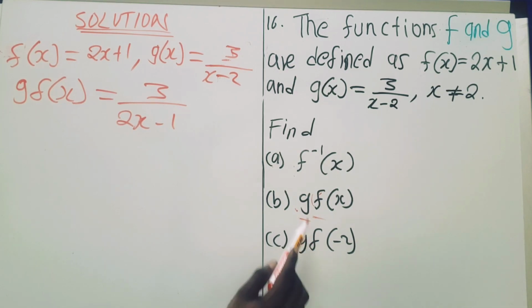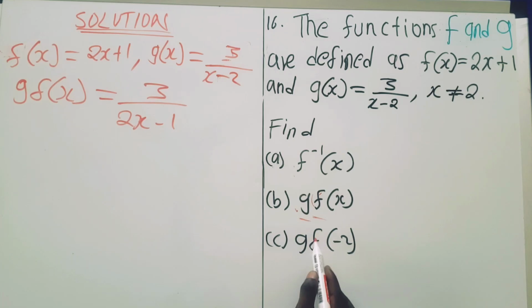When you look at these two, you will find that these two are actually the same. Both are gf. They are starting with g, then ending with f. The only difference is on the first one we had x, but on the second one the x has been replaced with negative 2.